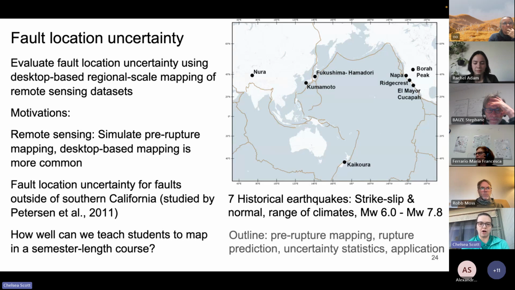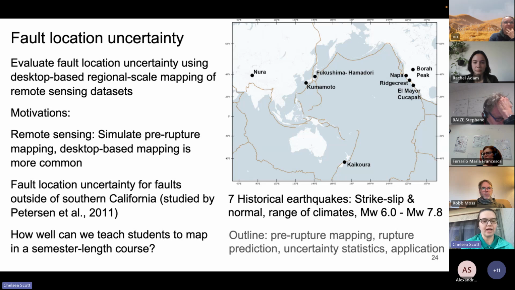And we actually did this part of the work before we developed that systematic fault mapping approach that Rachel discussed, and actually this work served partially as motivation for that. And so the maps that I'll show you here are mapped with a little bit less of a mature mapping system. We had three major motivations for this project.